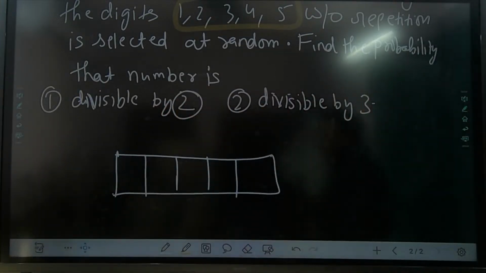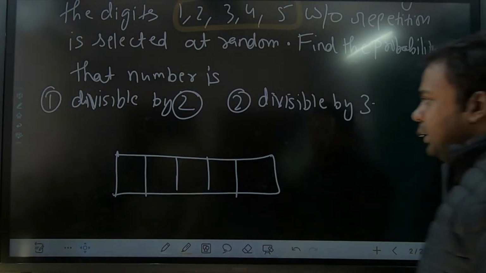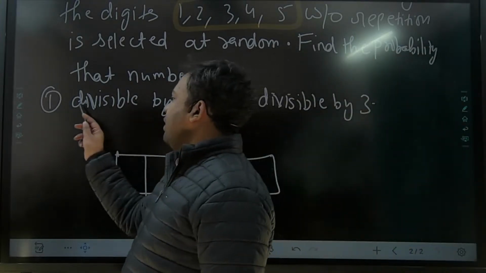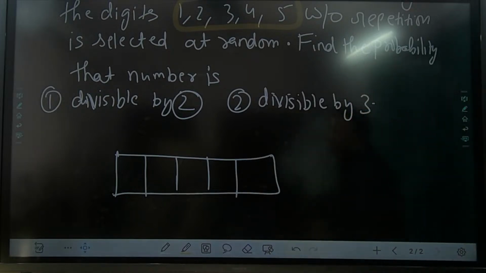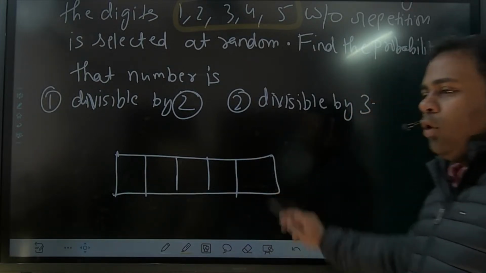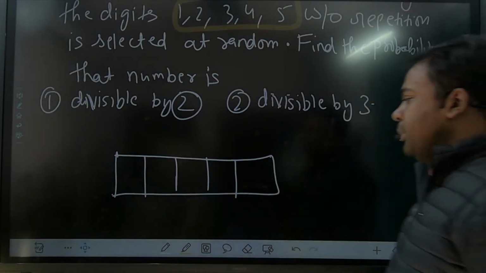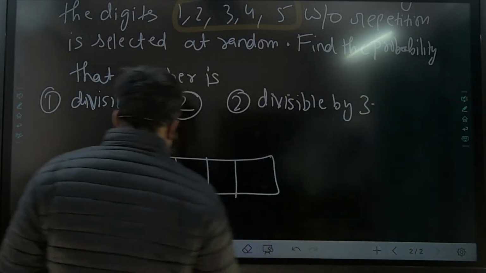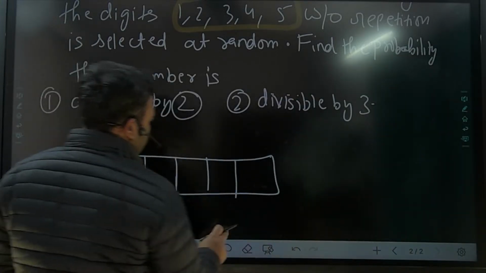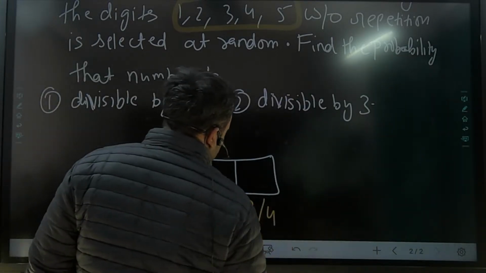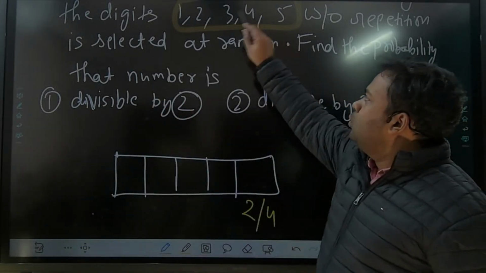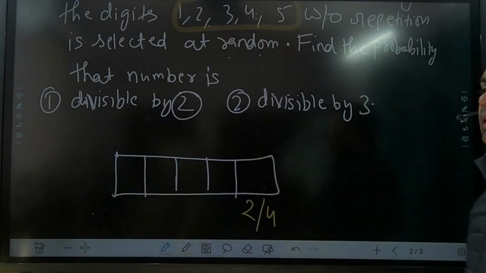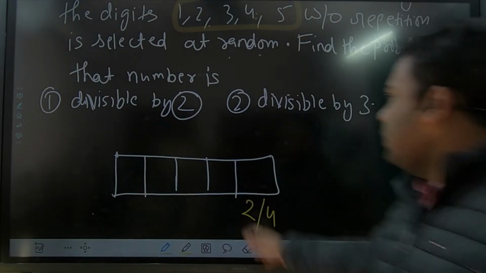But we have to make sure what my favorable event is. The favorable event will come when the 5-digit number is divisible by 2. For this, the number at the unit place should also be divisible by 2, then the whole number will be divisible by 2. So at the unit place, your number can be either 2 or 4, right? You can keep either 2 or 4 at the unit place, and then keep any number in the other places.